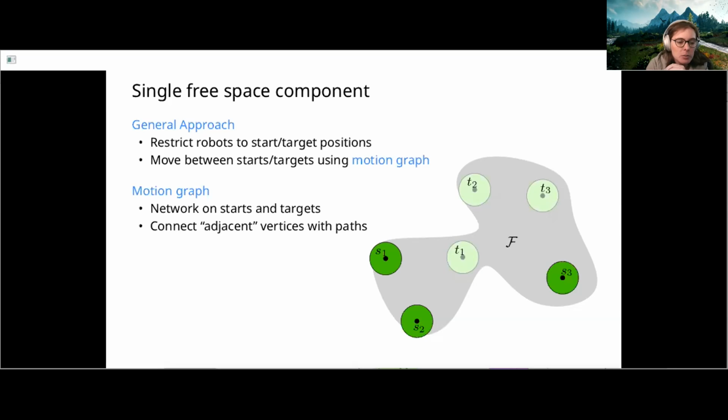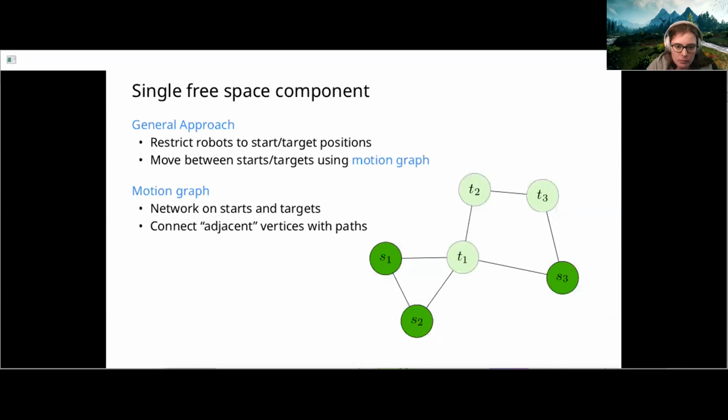That's similar to the previous approach. The motion graph is a graph that has all the starting and target positions as nodes, and we will connect those nodes that we can route between in some way. So for example, this is one way that we could construct a motion graph here. That's how it would look.